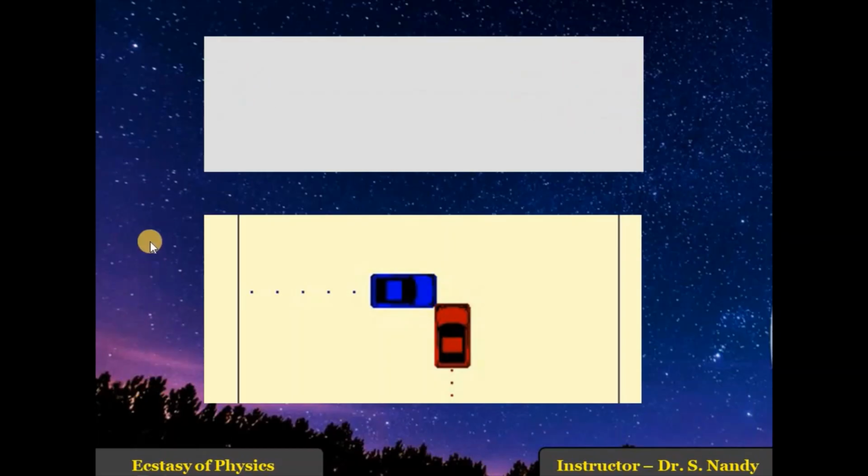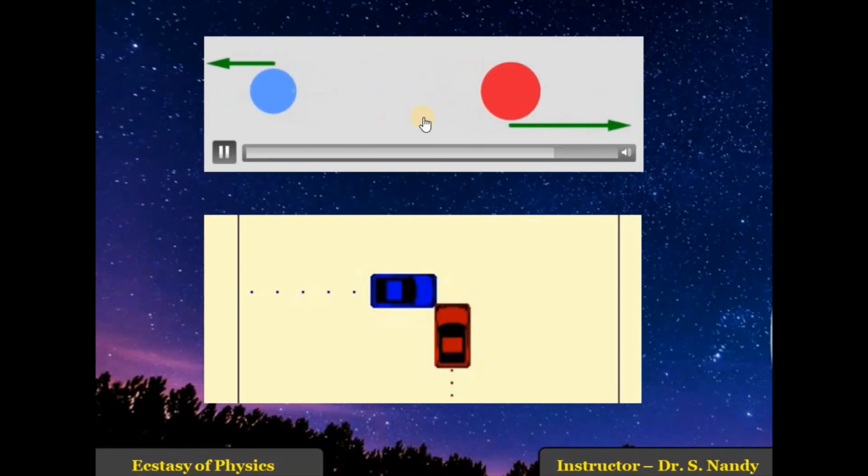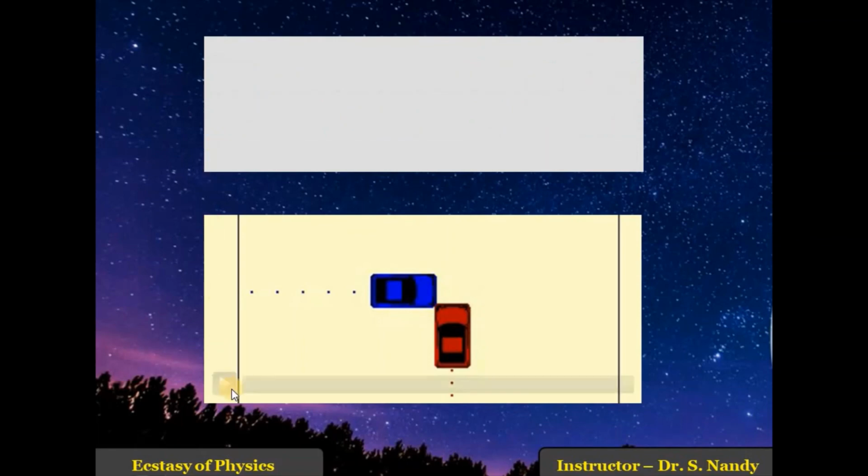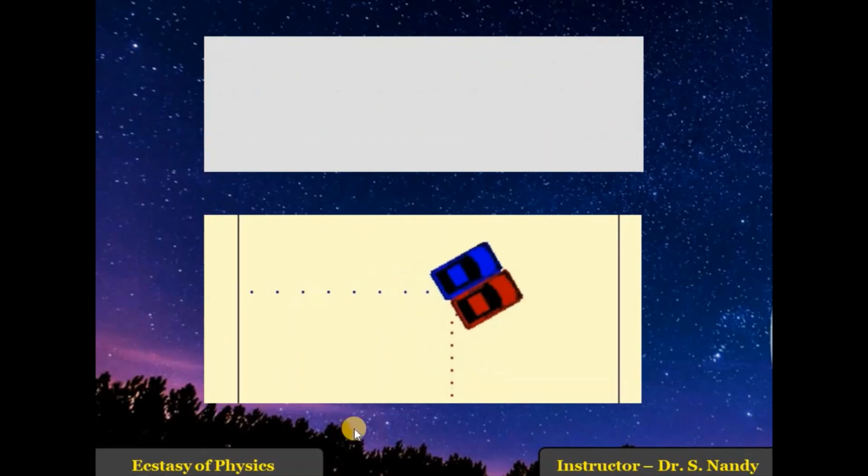Let's consider examples of one-dimensional and two-dimensional collisions. In the first case, the two objects are moving towards each other, and after collision they are moving away from each other, but the lines of action of their velocities are on the same line. That's why this is considered a one-dimensional collision. Now let's talk about the two-dimensional collision.